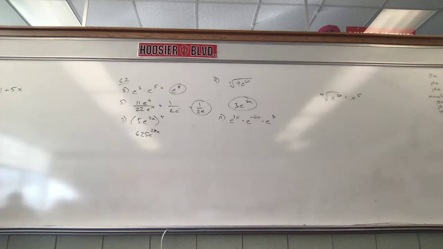What do you mean, 1 and 9x? 1 what? I'm being real picky here. 1 plus 9x. Why don't you add those together and make it 10x? Because there's no x. Okay.